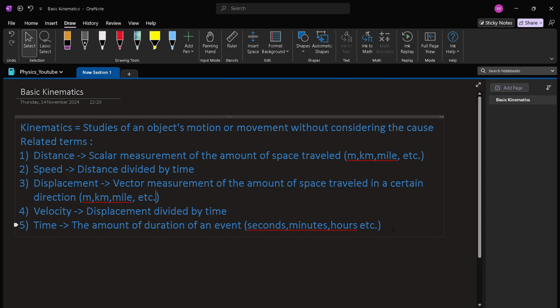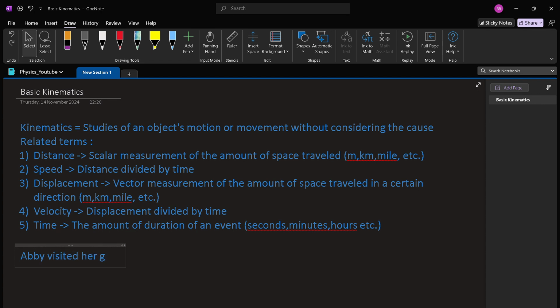And I'm going to give you an example of how these terms are implemented in calculating the physics that happens in our real daily life. I'm going to give you two examples. I'm going to show you the first one. Let's say Abby visited her grandparents.